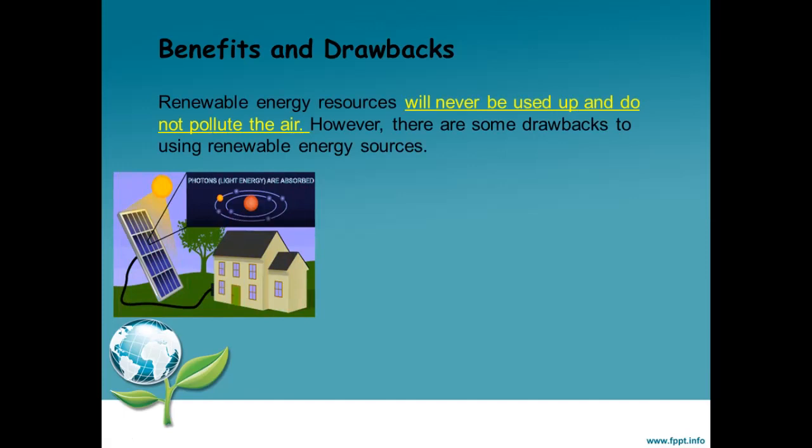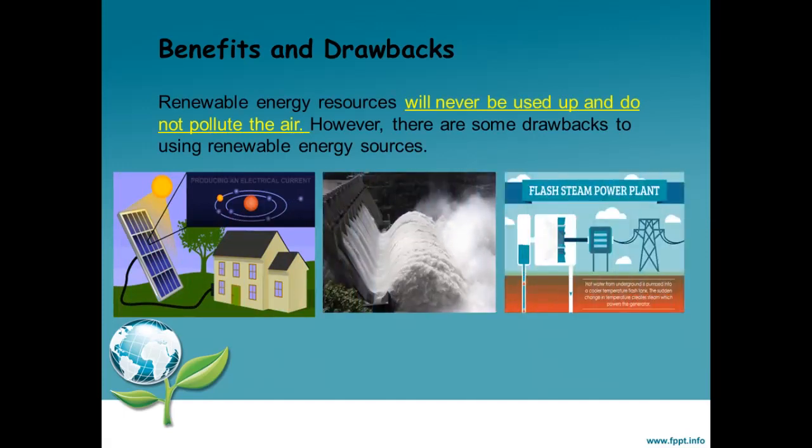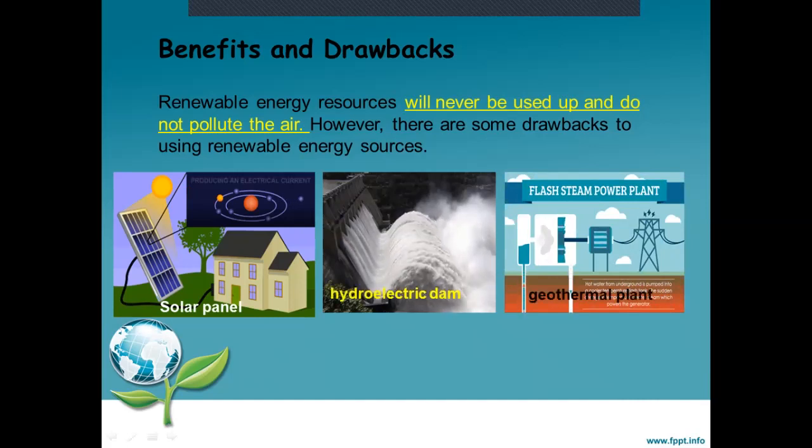So first, we have some pictures of these energy resources. This one is a solar panel. We have a hydroelectric dam, and we have a geothermal plant. By the way, grade 4, hydro means water.